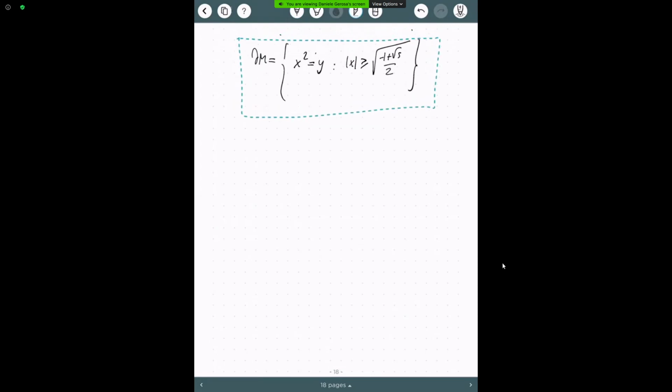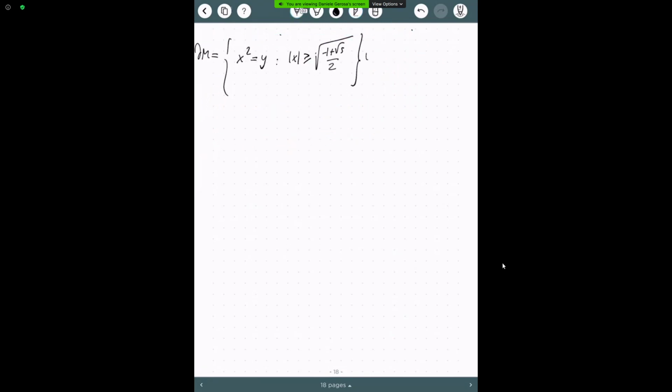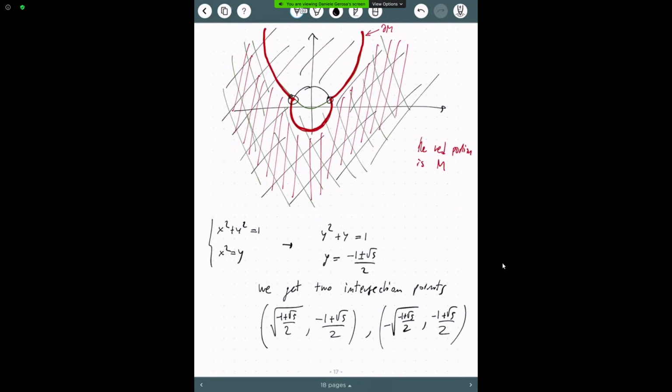And then union together with the set of the points on the circle, such that x is strictly less in modulus than that number that I wrote there, minus 1 plus the square root of 5 divided by 2. So this is the boundary, which is the red thing here. I hope that's clear. I think I messed up the picture a little bit, but you can try to redo the exercise yourself, look at my solution and then convince yourself.